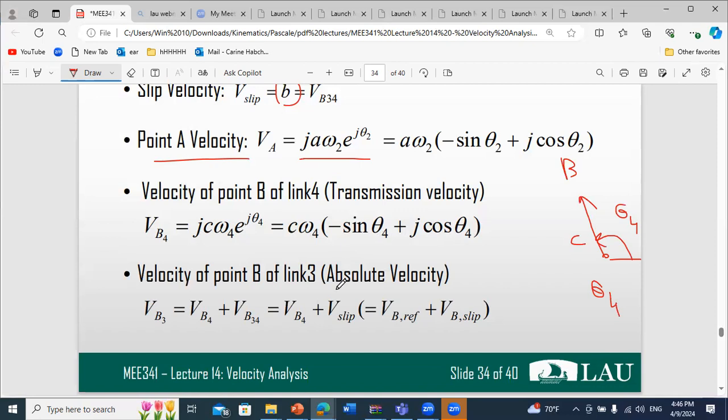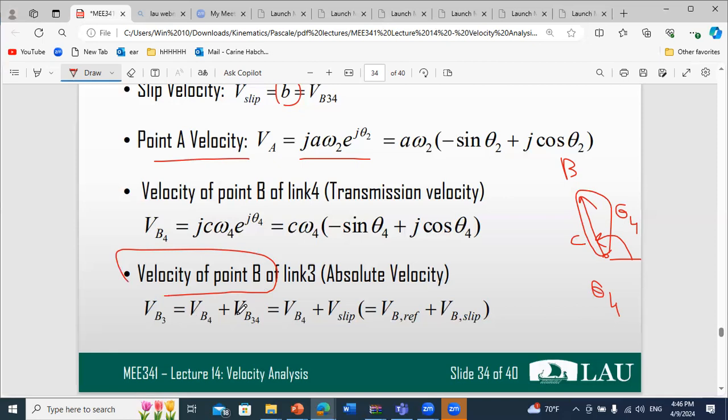Okay, and since you have that, if you are interested now to understand how to get VB in another way, you can get VB as a point of the output link, but also B is a point on your coupler. And from your coupler analysis, point B velocity is affected by two things.